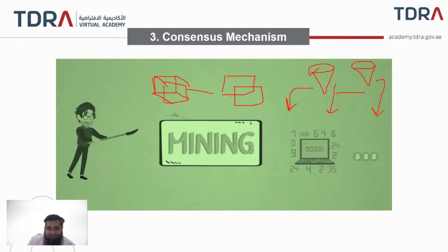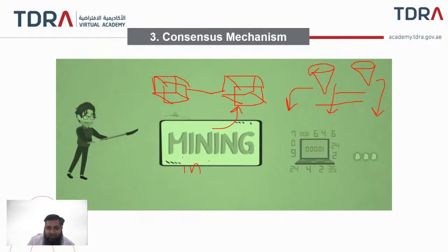Similarly, the miners in blockchain have to put in a lot of effort to get the block into the blockchain. So adding a new block to the blockchain is called mining. As a reward for mining the diamonds, they get the diamonds. Similarly, as a reward for mining a block, they get a mining incentive.